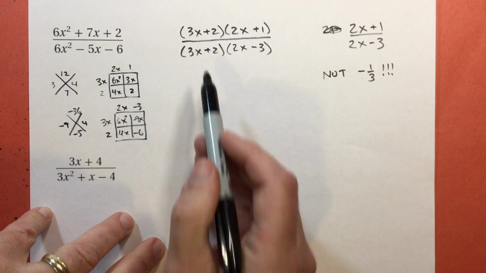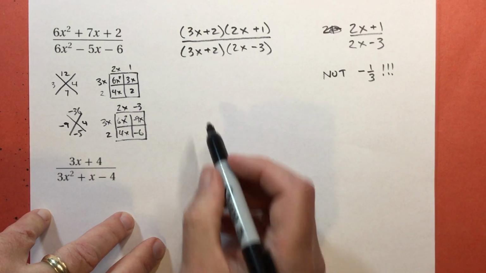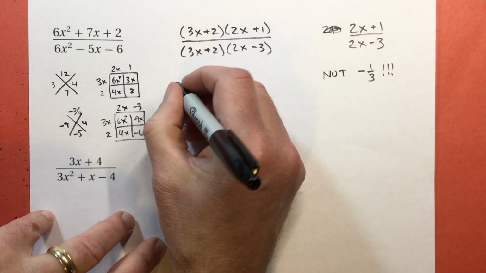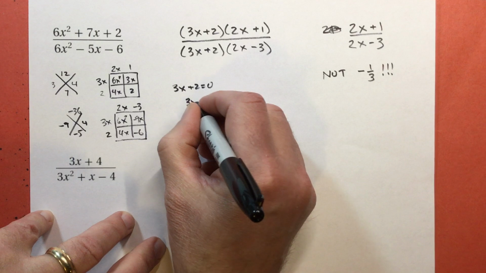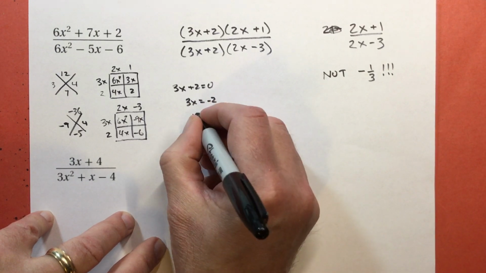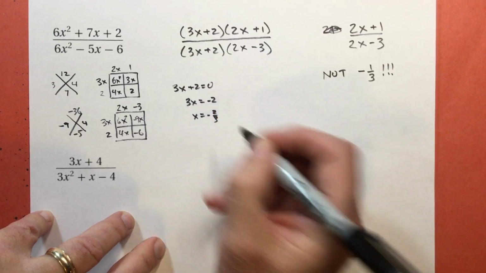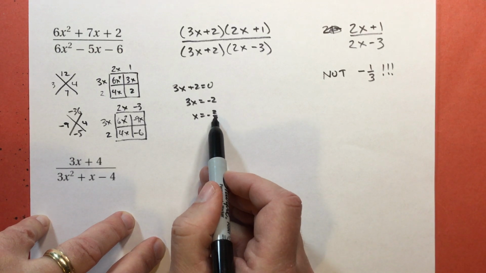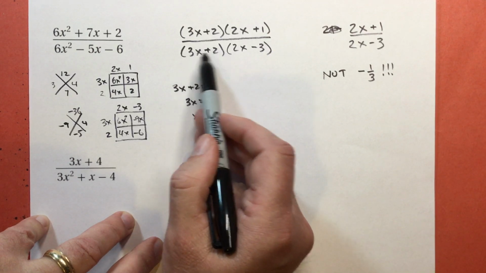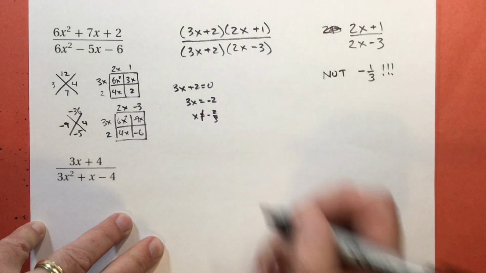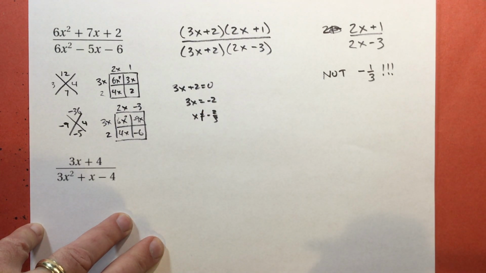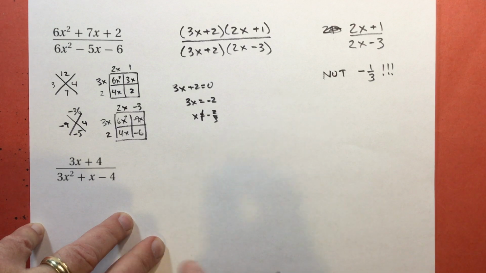What's going to make the denominator equal to 0? Okay, so now this is just my scratch work. If I do 3x plus 2 equals 0, I get 3x equals negative 2, I get x equals negative 2/3. If I let x equal negative 2/3, this is going to be 0, which makes this 0. So don't let x equal negative 2/3. That's the one that I don't want.